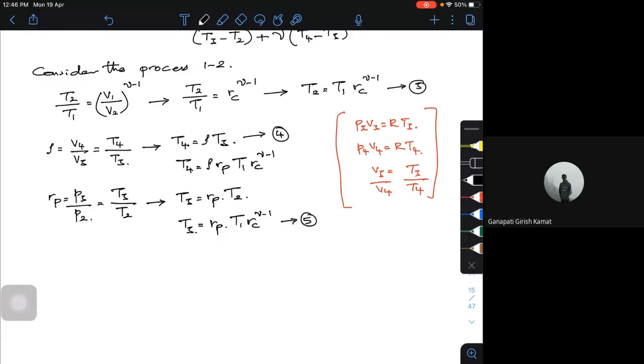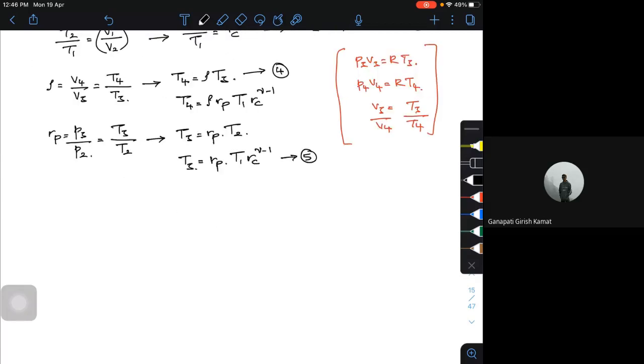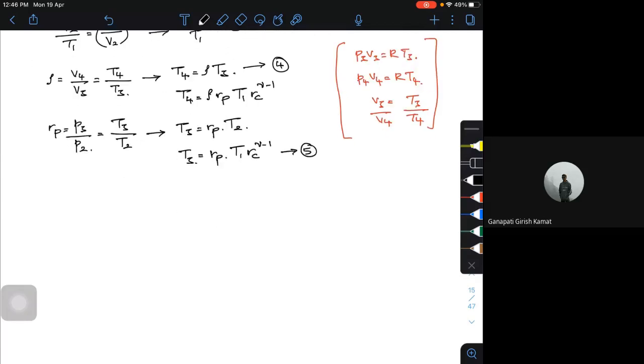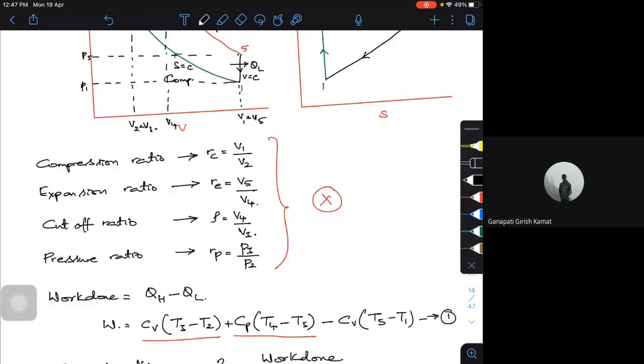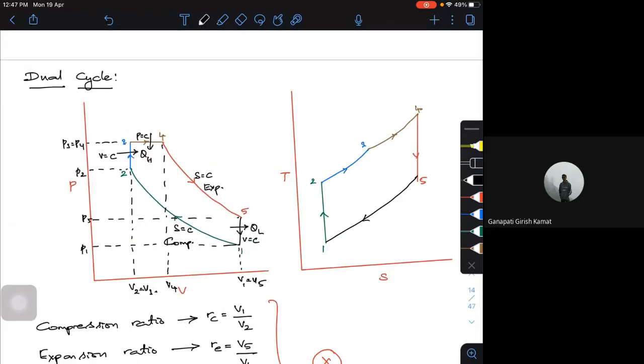Now what is left out? I am left with only T5. For that, I am going to consider the process 4 to 5. Why am I considering the process 4 to 5? Because that's an isentropic process.